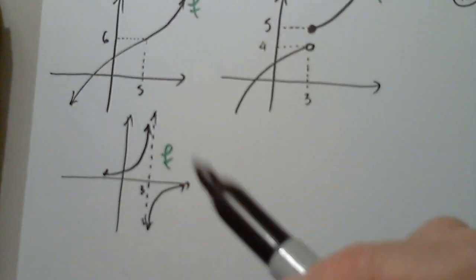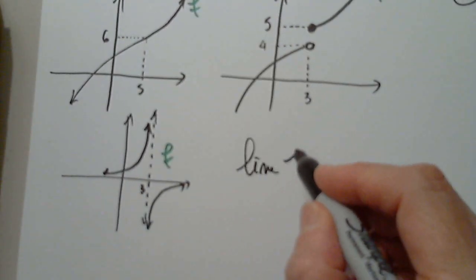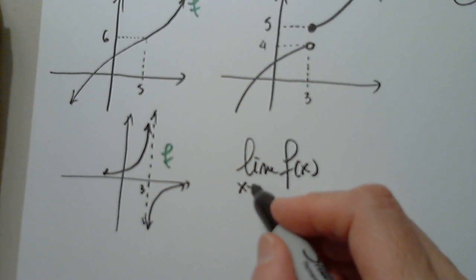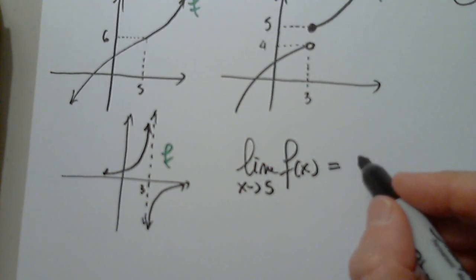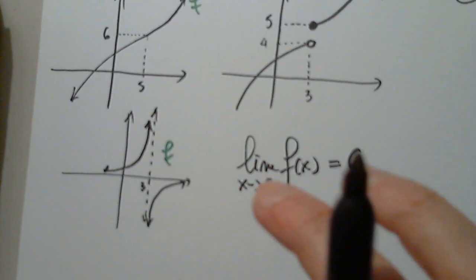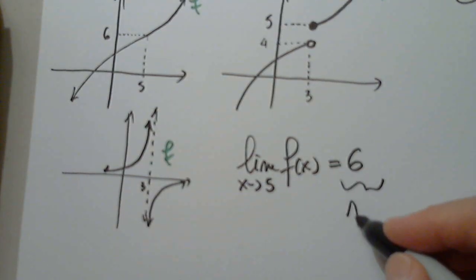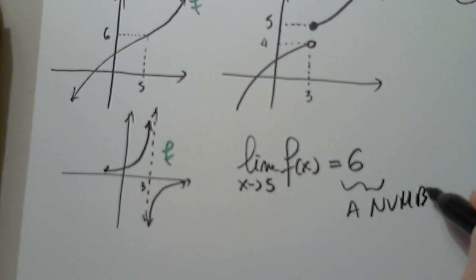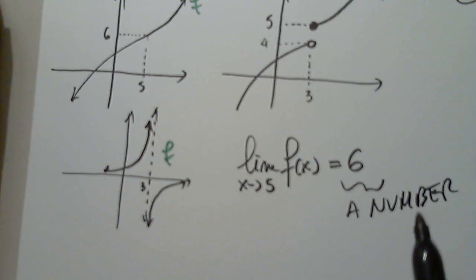To the 6. Exactly. So for this first one, we write limit of f of x as x approaches 5 from the right is 6. The limit exists if it is a number. If the limit is not a number, the limit does not exist.